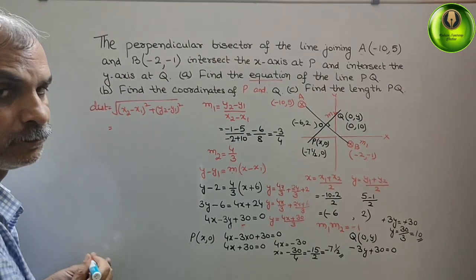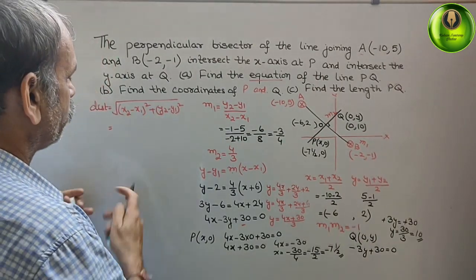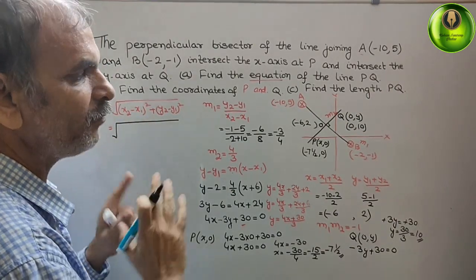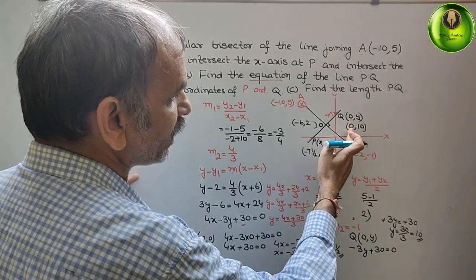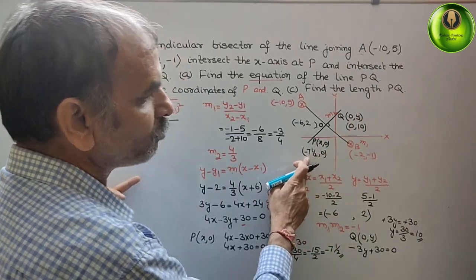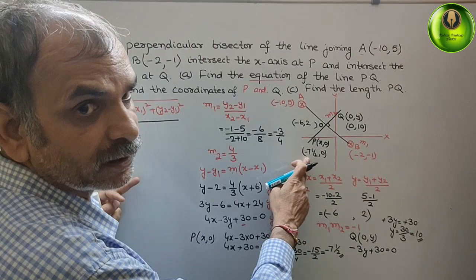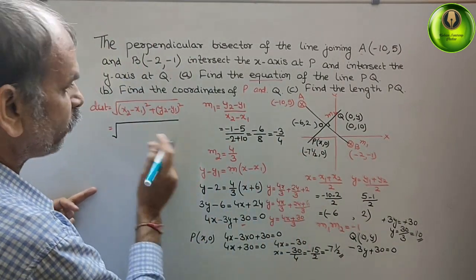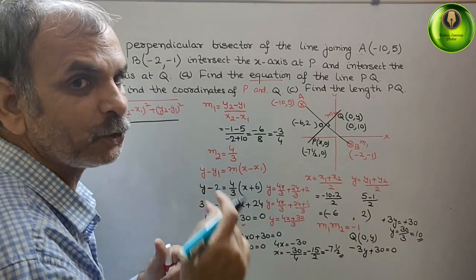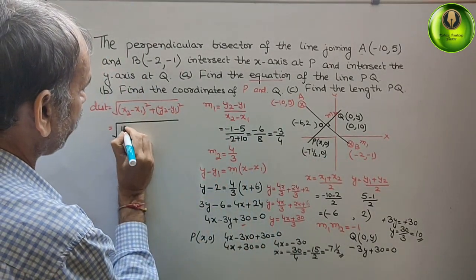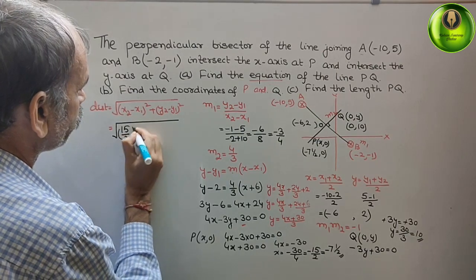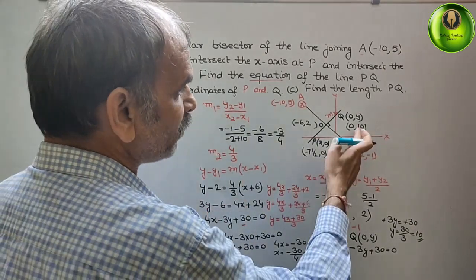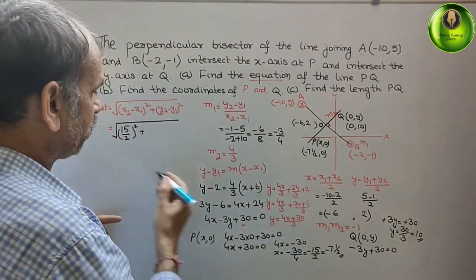Now substitute the values. We get root over x2 minus x1: here we take 0 minus of minus 7.5, which becomes plus. So 7.5 means 15 by 2, so it will be 15 by 2 whole square, plus y2 minus y1, that means 10 minus 0 is 10, so 10 square.